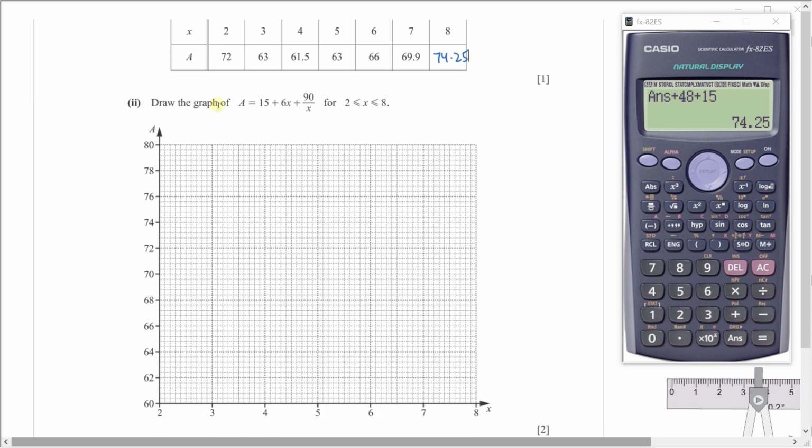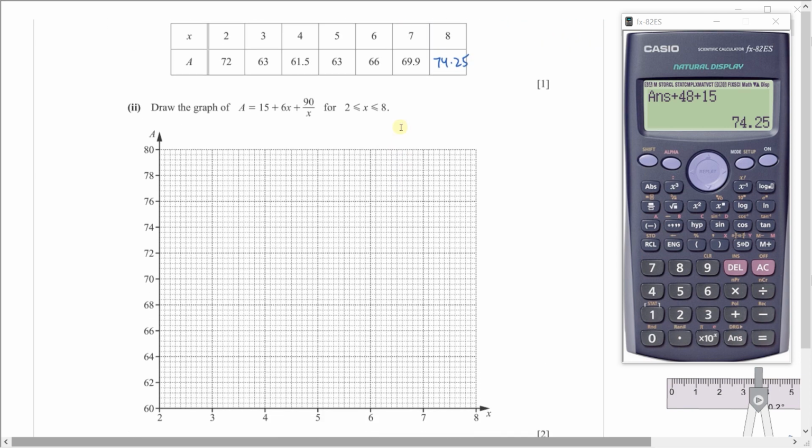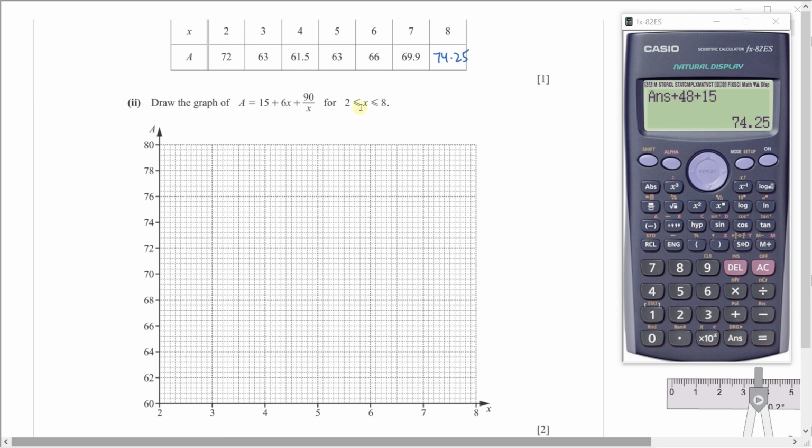The next part is draw the graph of a equals 15 plus 6x plus 90 over x for x between 2 and 8. You're given this table up above here. I will plot this on this graph. For x equals 2, your value is 72. So x equals 2, this is 72 here.